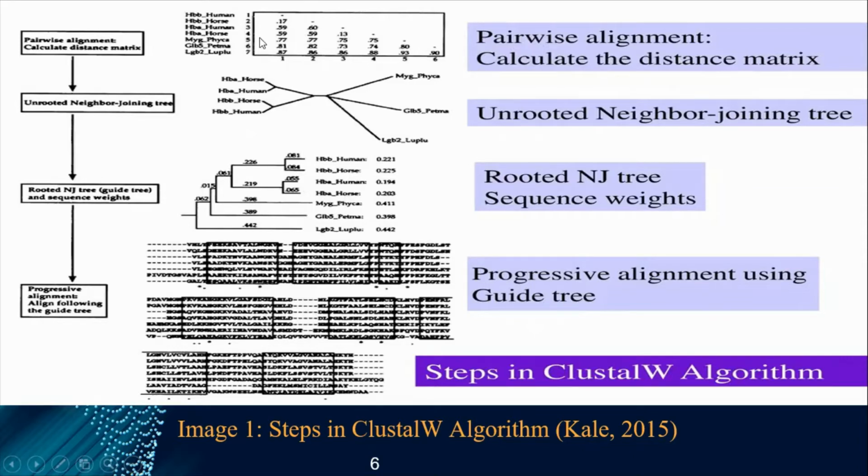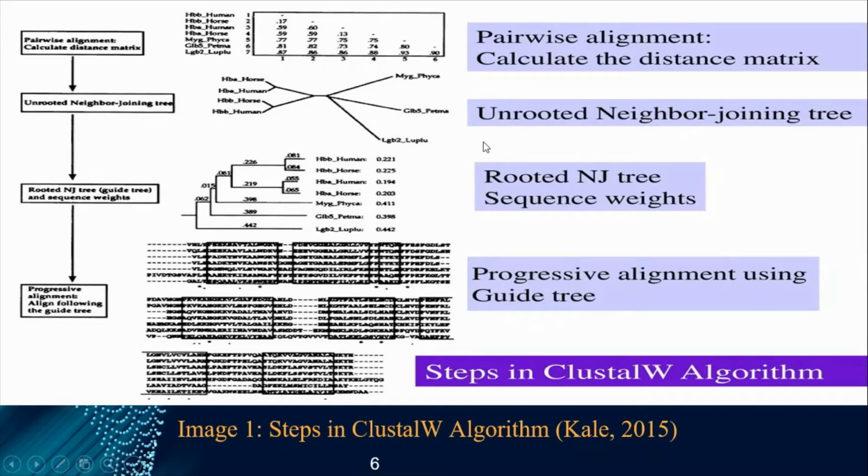And this is exactly what the distance matrix would look like for the various sequences. Then they would use that distance matrix and they would calculate or create the unrooted neighbor joining tree. And this is what that would look like.